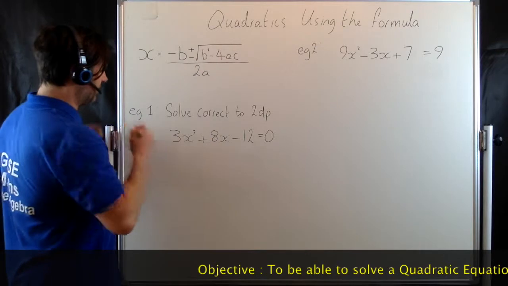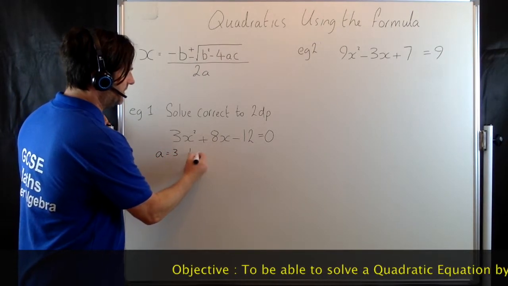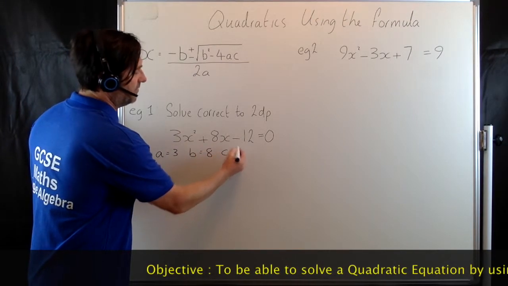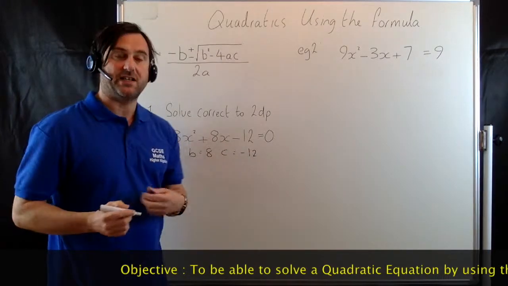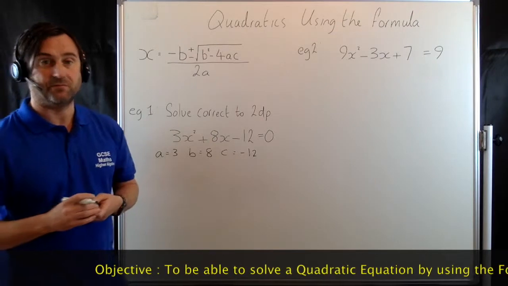A would represent the first number, so A equals 3. B is the second number, which is 8, and C is the third number, which is negative 12. Please remember to write down the negative sign as well, because that is extremely important.